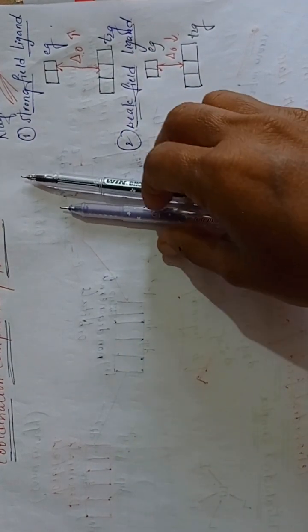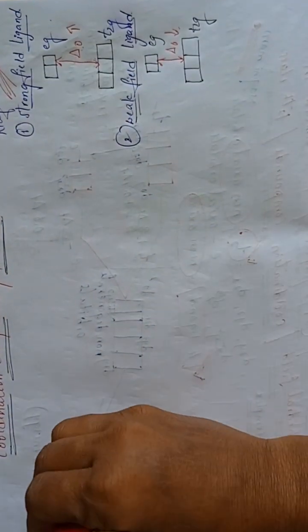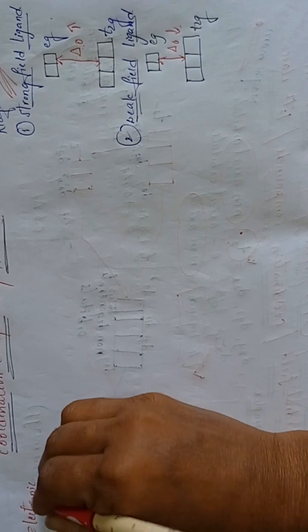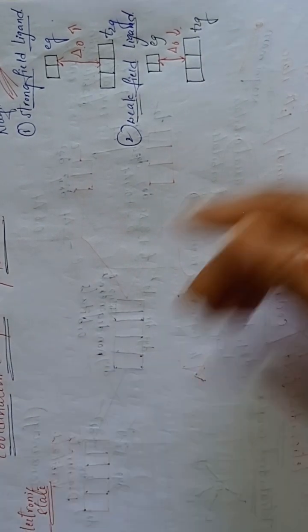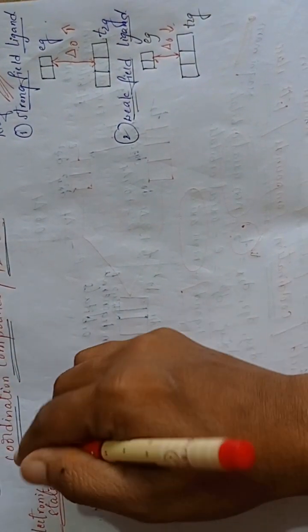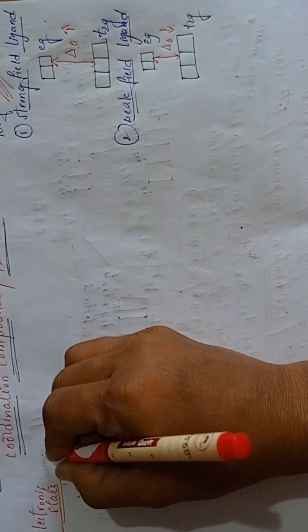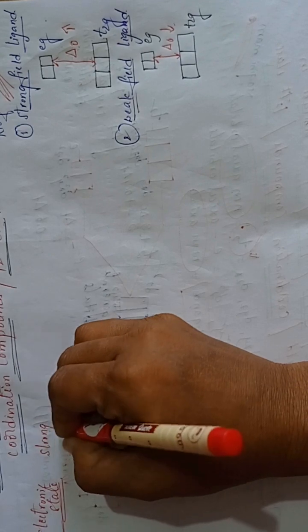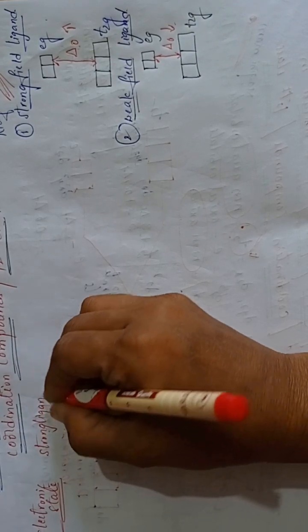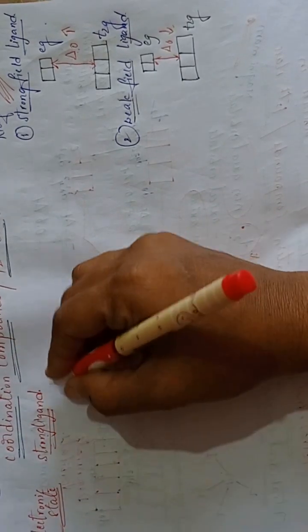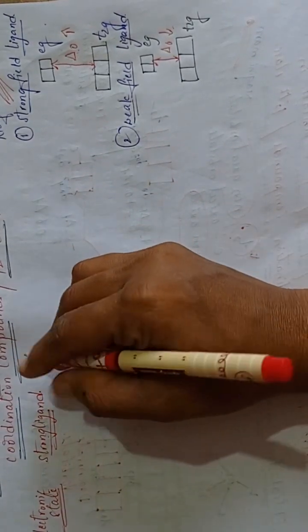First I'm taking the electronic state as the first column. Next column, electronic configuration after strong ligand. I'm discussing the strong ligand electronic configuration. Next, after strong ligand, the number of unpaired electrons.